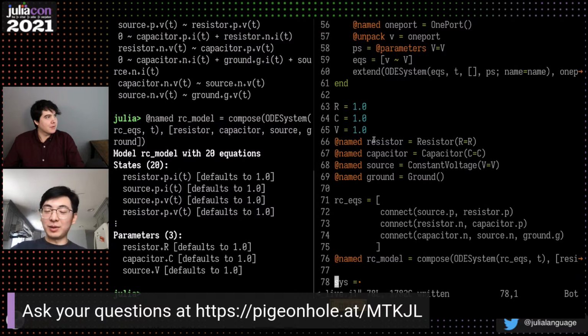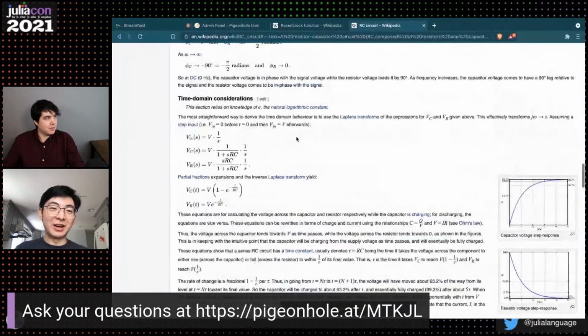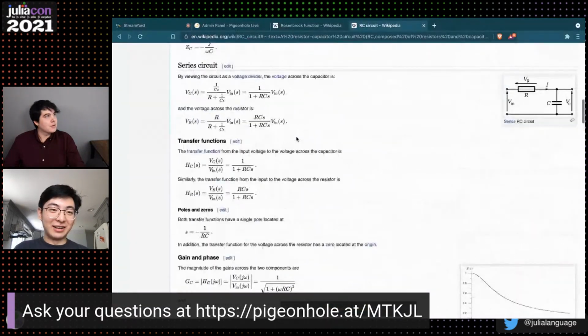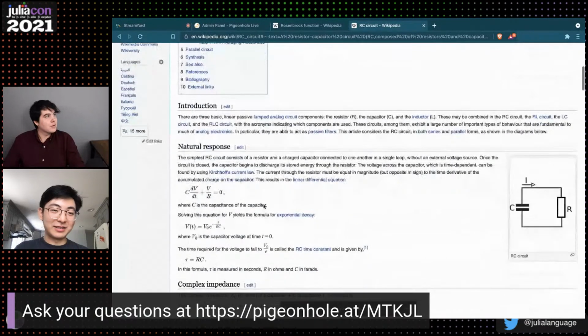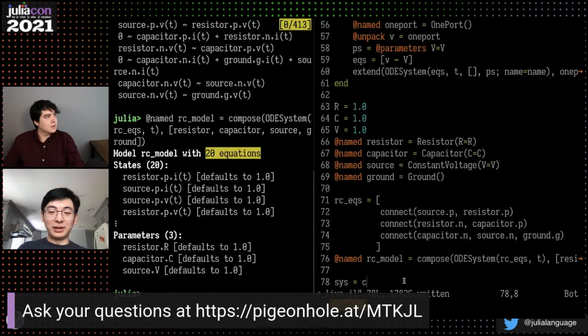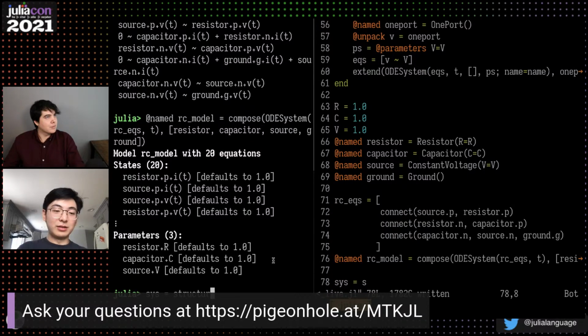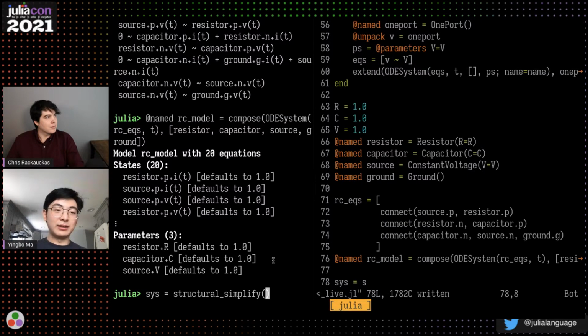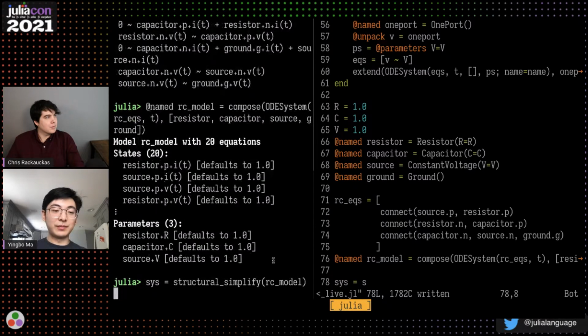Before doing the simulation, you will see that currently we have 20 equations, but shouldn't we only have one equation? Yeah, and you'll be right. So basically, we just need to simplify this RC model.